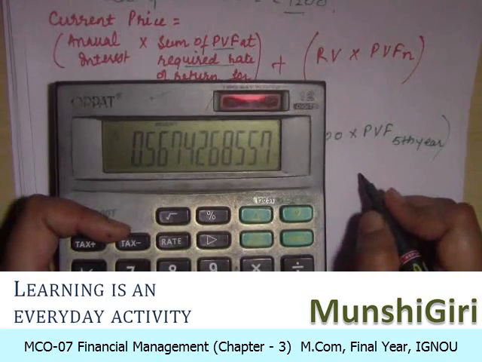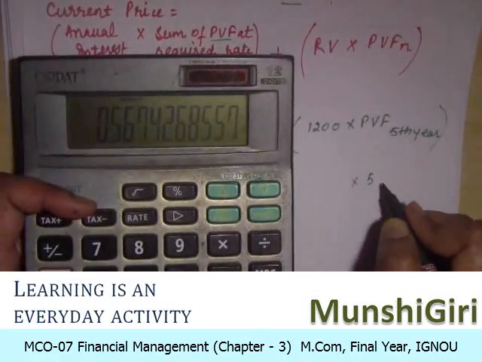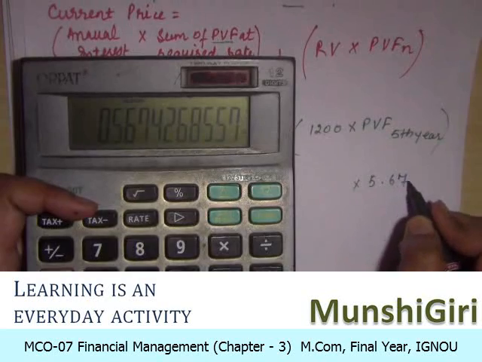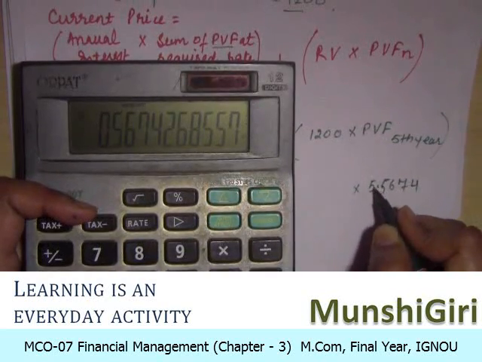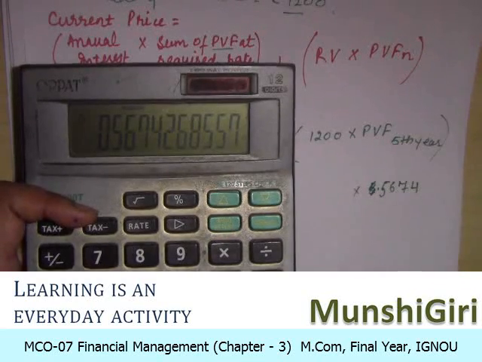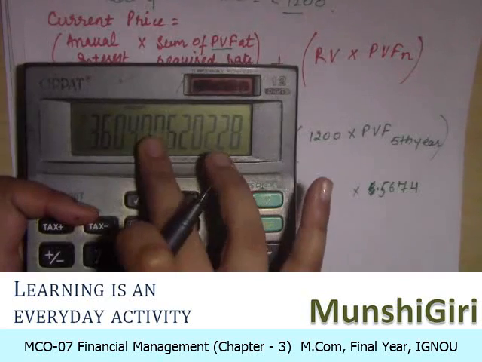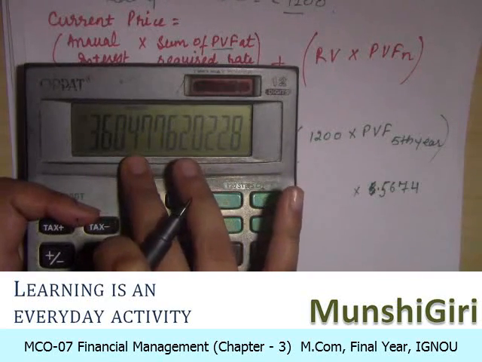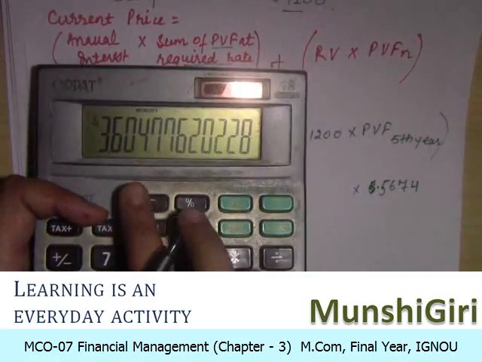For the 5th year, we have the present value factor as 0.5674. Memory recall. This is the present value factor at the rate of 12% for 5 years.